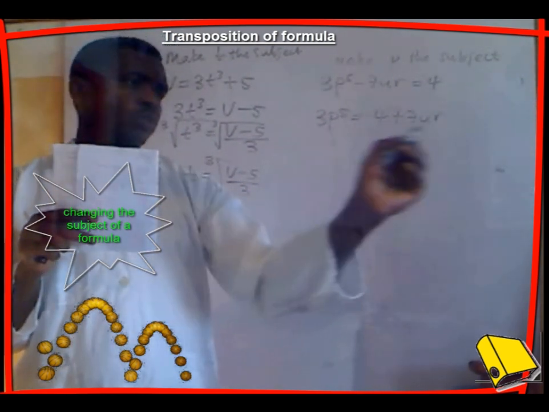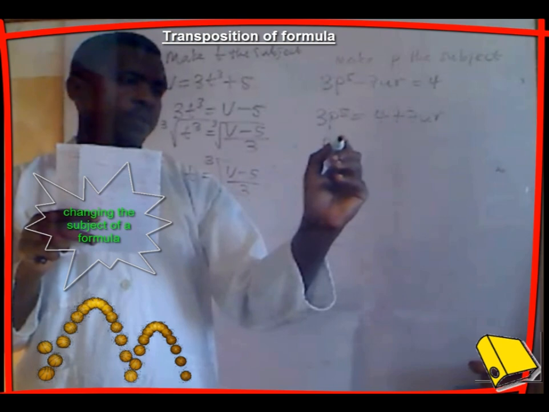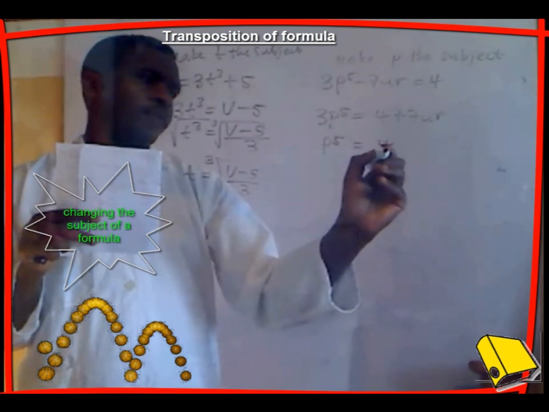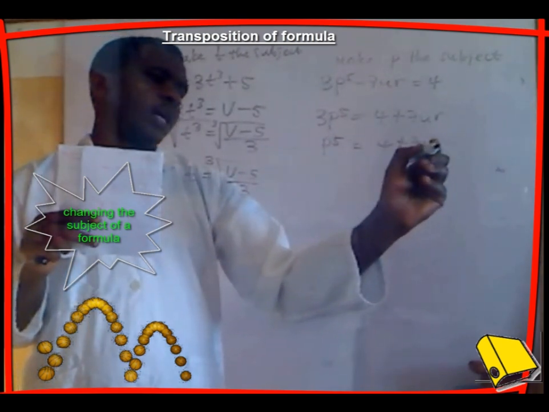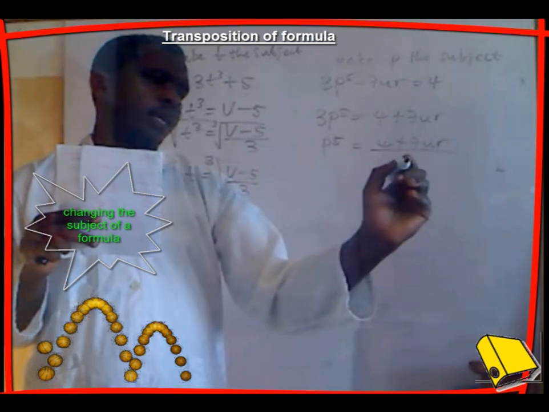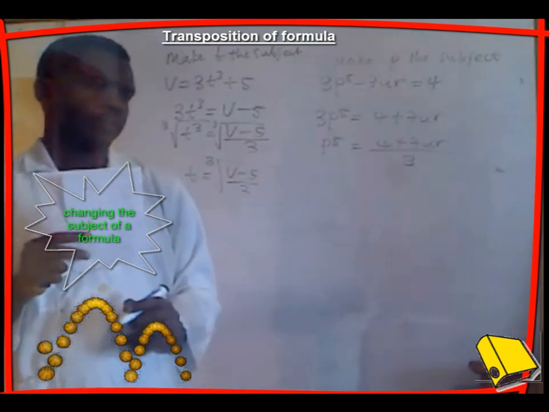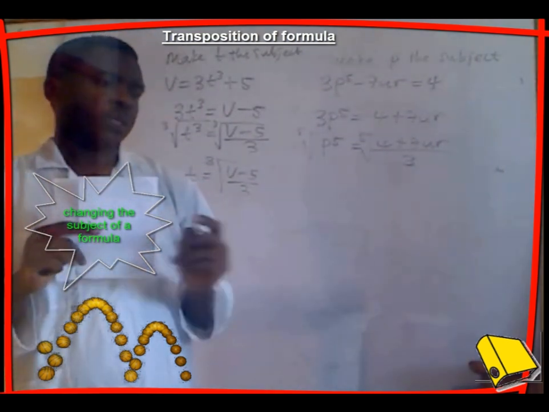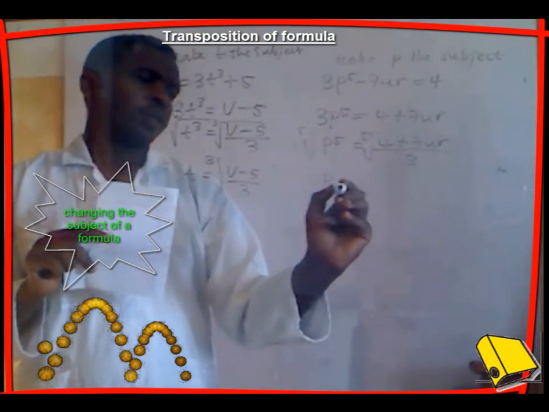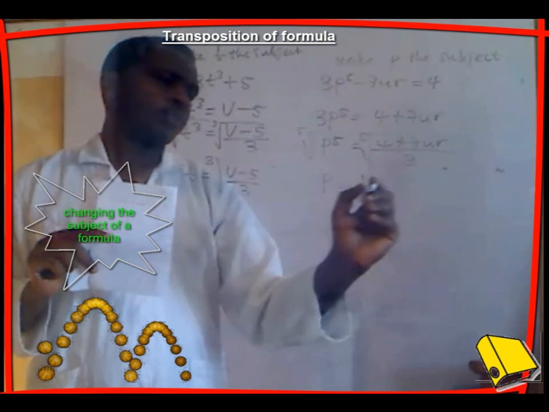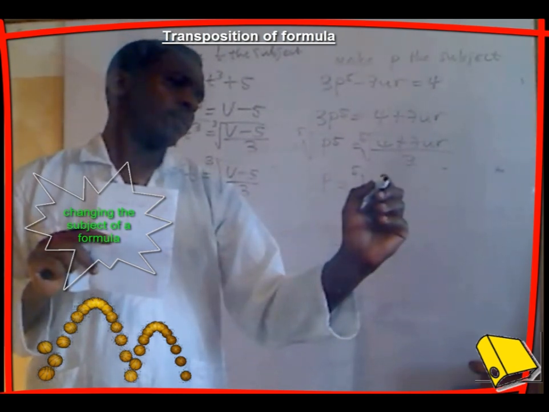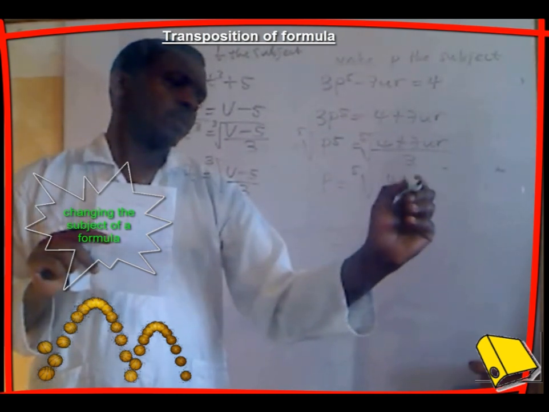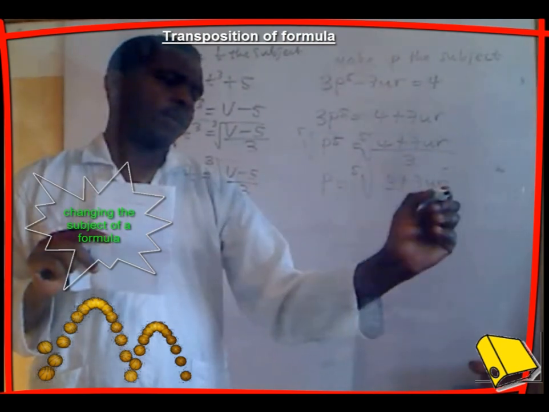I divide all through by 3. I have p to the 5th is equals to 4 plus 7r divided by 3. And now take 5th root on both sides. This will give me p is equals to the 5th root of 4 plus 7r divided by 3.